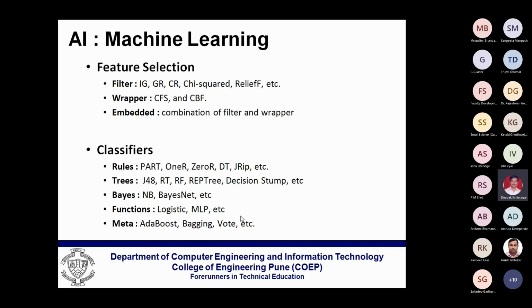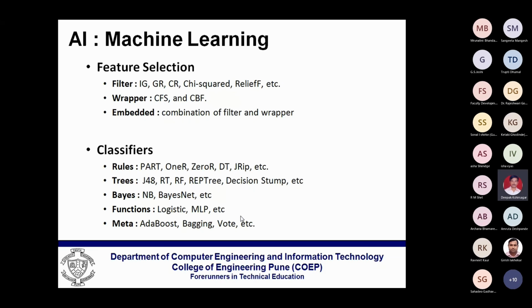Then the other class is tree based classifiers: J48, random tree, random forest, REPTree, decision stump. These are all examples of tree based classifiers. Again, there is Naive Bayes and BayesNet, which come under the suite of Bayes.